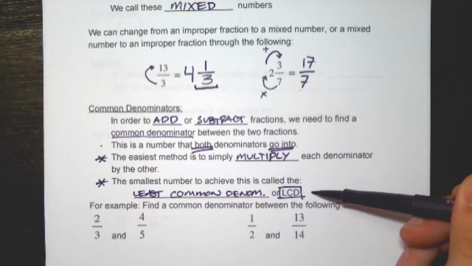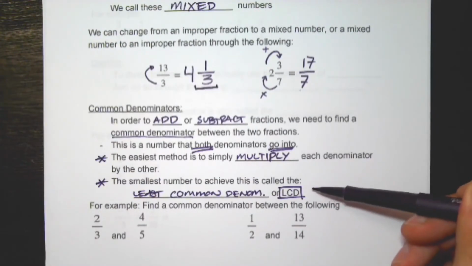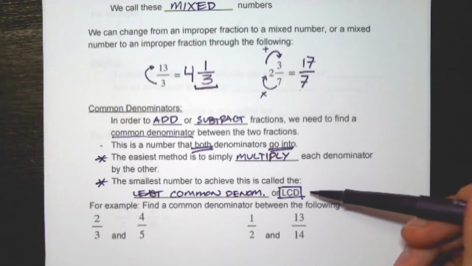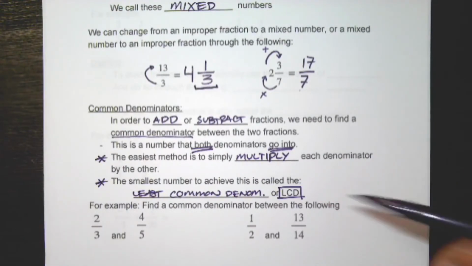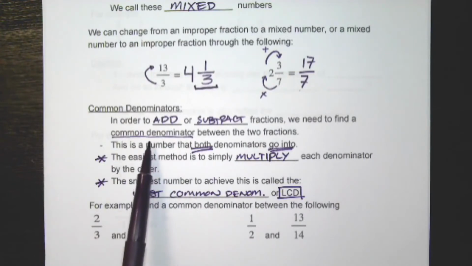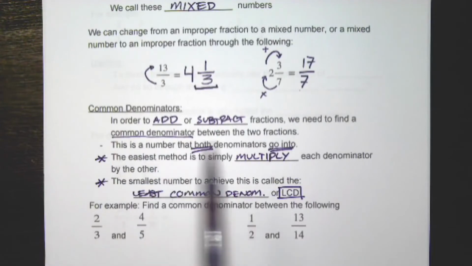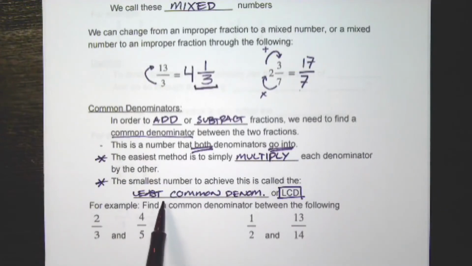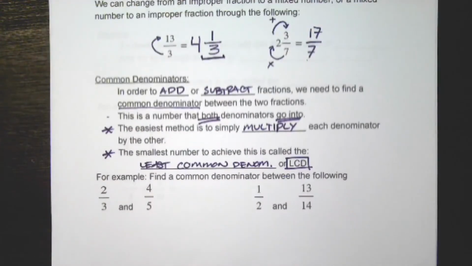And if we can find this before we do our operations, it's really nice because it saves us from having to simplify after the fact. Now, if we just find any common denominator and then add or subtract, as we'll see on the next page, we'll have to finish it off with a little bit of simplifying at the end. Both results will get you to that same final product, but if we can get to that LCD first, it saves us a little bit of time. But first, let's practice finding common denominators in general.